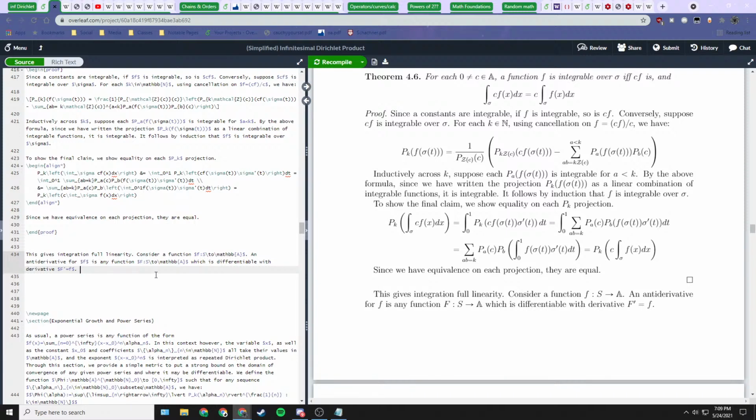We can instead say, let me think. So we want to have antiderivatives, and we want to have indefinite integral functions, right?